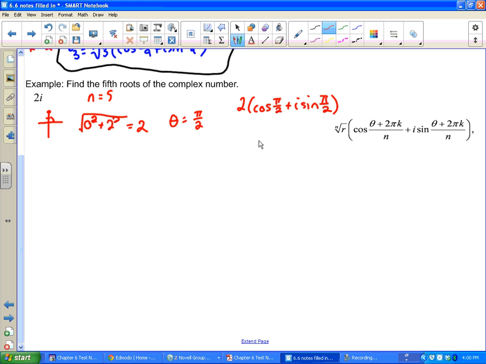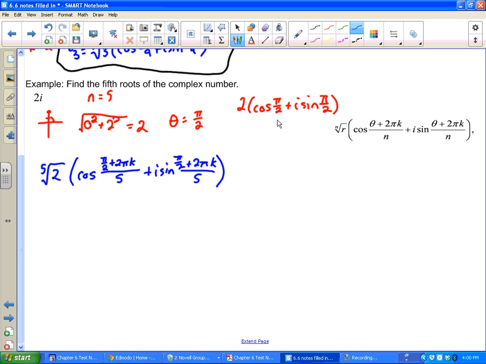So this is going to be the fifth root of r, which is 2, times cosine of our angle, which is pi over 2, plus 2 pi k over our n, which is 5, plus i sine of pi over 2 plus 2 pi k over 5.